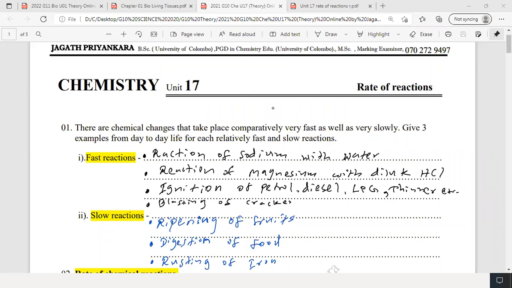But the thing is this: the food that you eat is in large pieces.